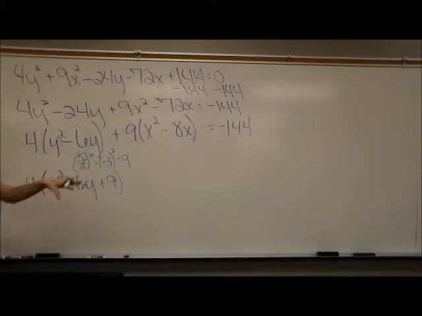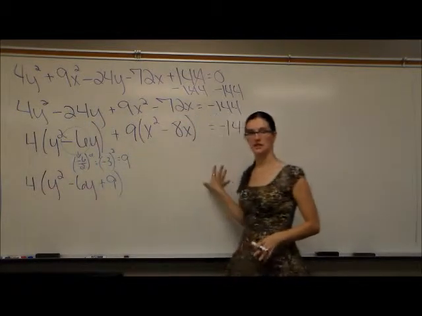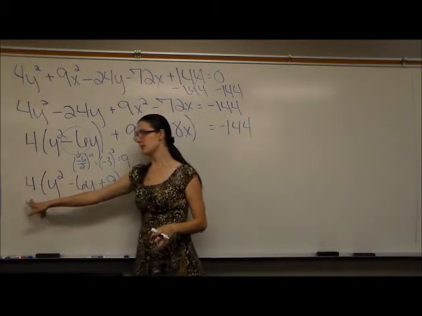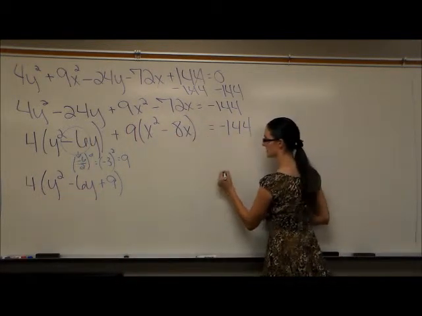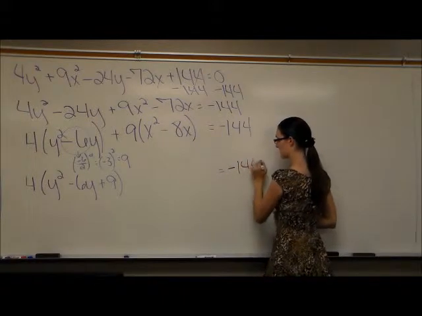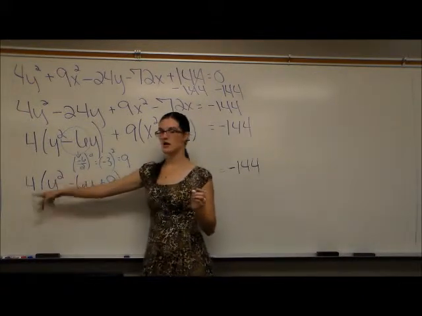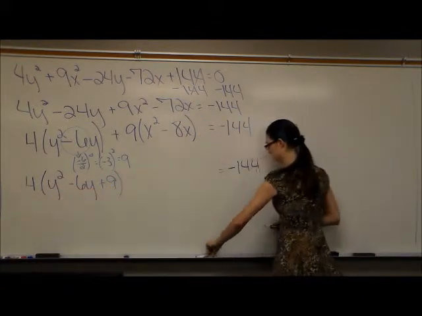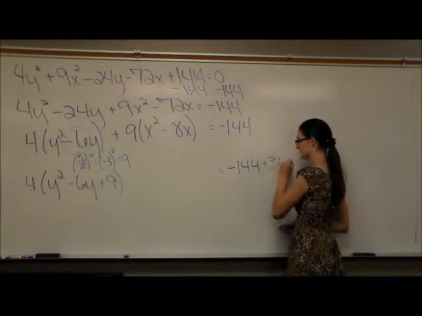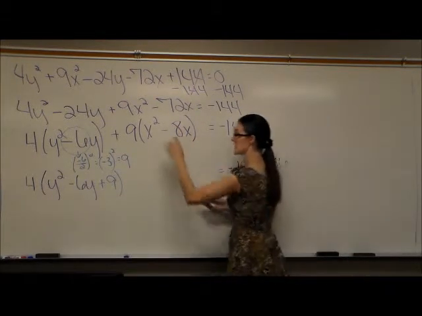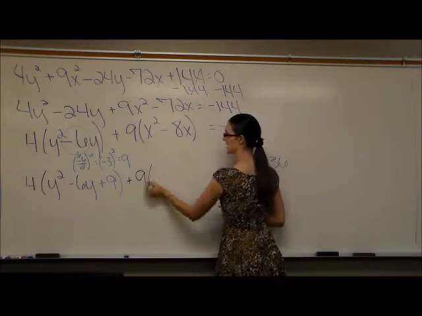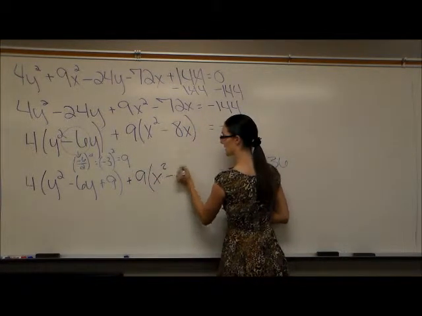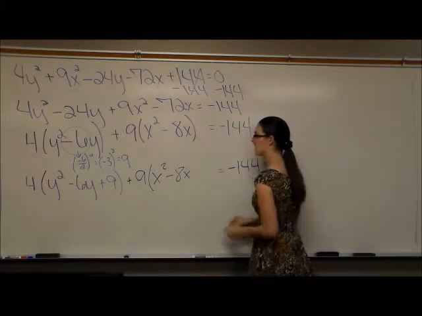to the other. However, we can't just add 9 over here, because 9 is being multiplied by 4. So over here, when we get to our other side of our equation, we've got to add the 9 already multiplied by the 4. 36. Do the same thing for your x's. This 9, the outside coefficient, falls down. x squared minus 8x.